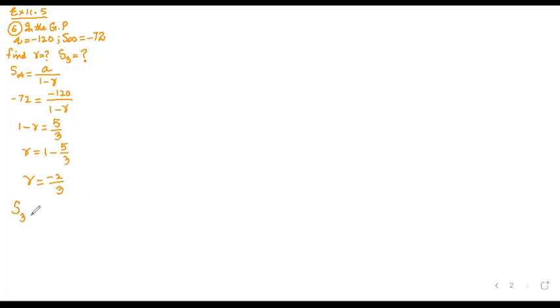Here, because the terms are finite, because these are three terms, we have n.